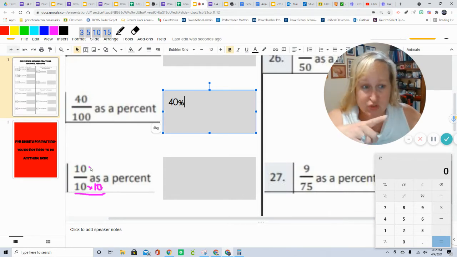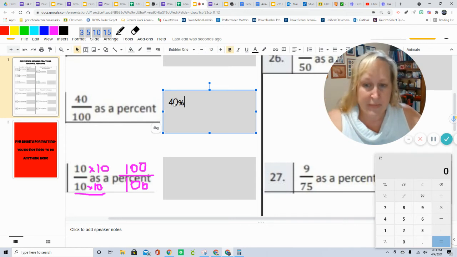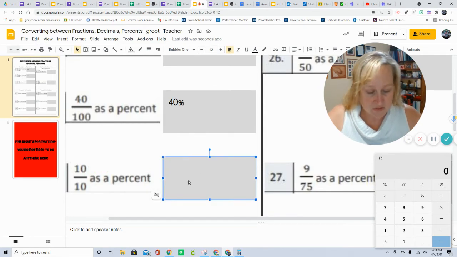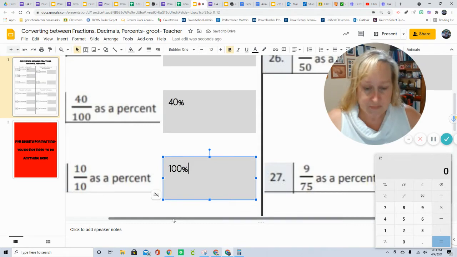But remember, what you do to the bottom of a fraction, you have to do to the top. So this one becomes 100 over 100. Well, I know that that's a little weird looking, but 40 becomes 40%, 100 becomes 100%. So 100%. Those are how those are done.